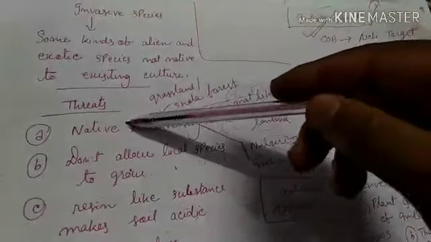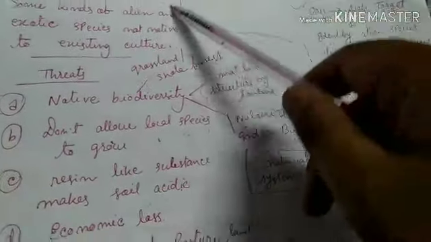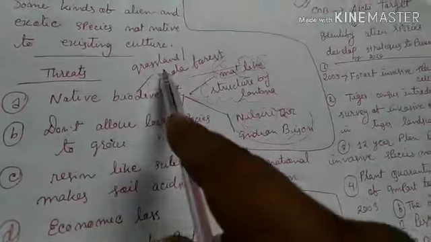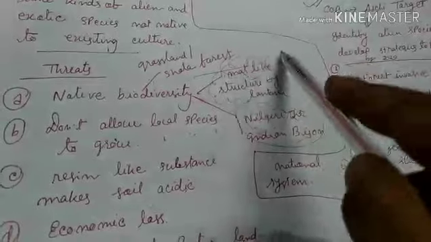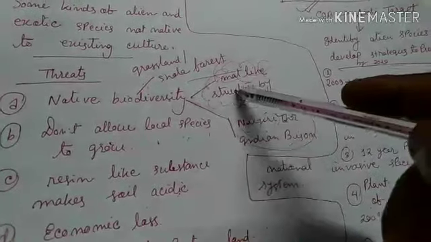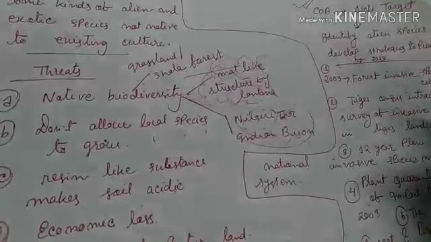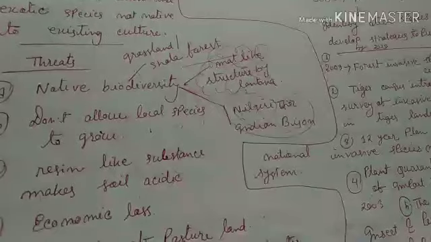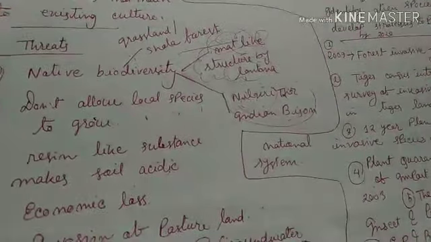So what are some of the threats caused by these invasive species? They create threat to native biodiversity. We all know that they are creating threat to the existing grassland and shola forest in India. An invasive species called lantana actually creates a mat-like structure which harms the ecosystem and grassland, and also creates threat to the food chain in the ecosystem.